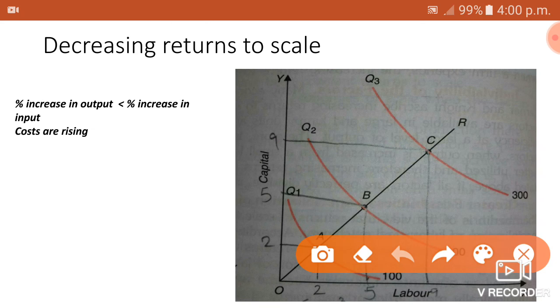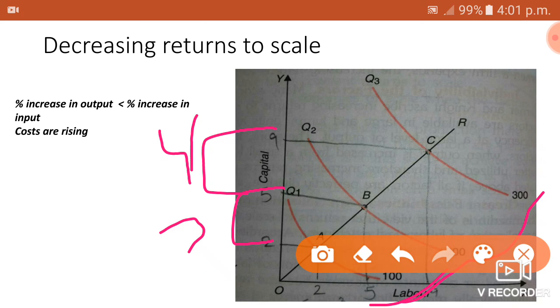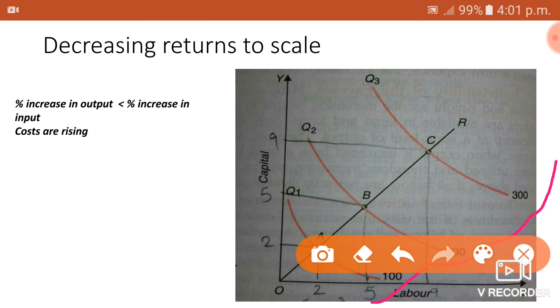The difference between these is 3 and then 4, but the production increases by the same difference of 100. Labor and capital are increasing in greater proportion, but production is increasing in the same proportion. In this return to scale, costs are rising.